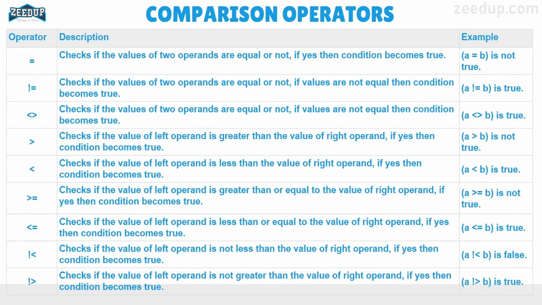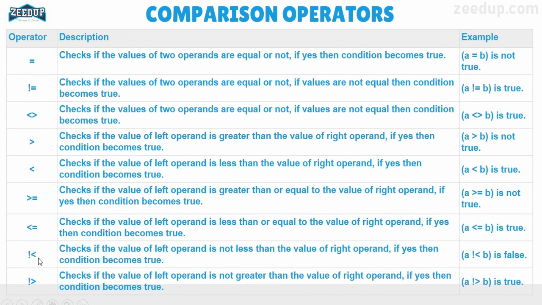If yes, then it returns true. This greater than equal to operator is used to check whether the value of the left hand operand is greater than or equal to the right hand operand. Then it returns true. Similarly, we have this less than equal to operator, which is used to check whether the value of the right hand operand is greater than or equal to that of the left hand. Then it returns true.